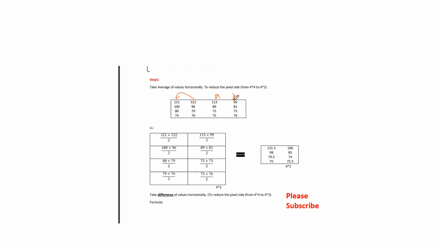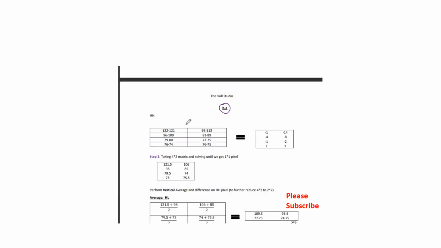We are going to take the difference of b from a. The formula for this is b minus a for all the rows: 99 minus 113, 122 minus 121, then 96 minus 100, like this. I have written it here. There is a possibility that these values will come out with a negative sign, so there is no problem in that.